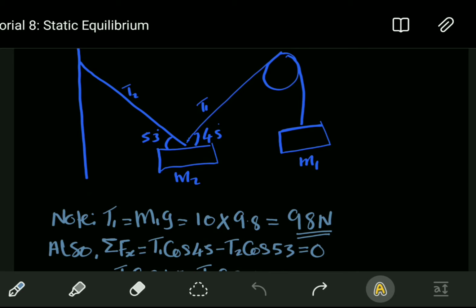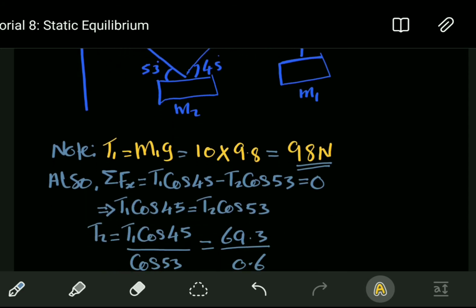We are given the value of M1 and we also know the value of G, so already we can find the value of T1 from T1 equals M1G, which is going to give us 10 kilograms times 9.8, and we're getting 98 newtons. The mass for M1 is 10 kilograms, so the weight of this mass is simply equal to T1. So knowing that, we move further.